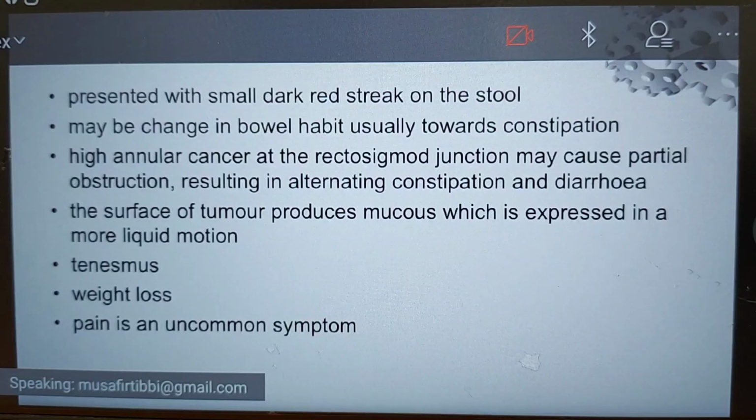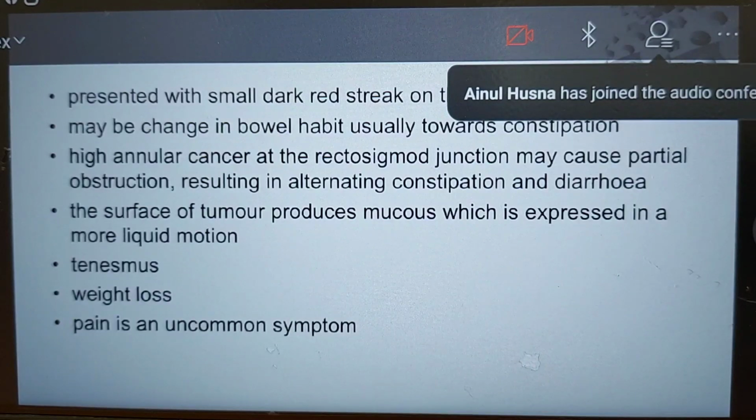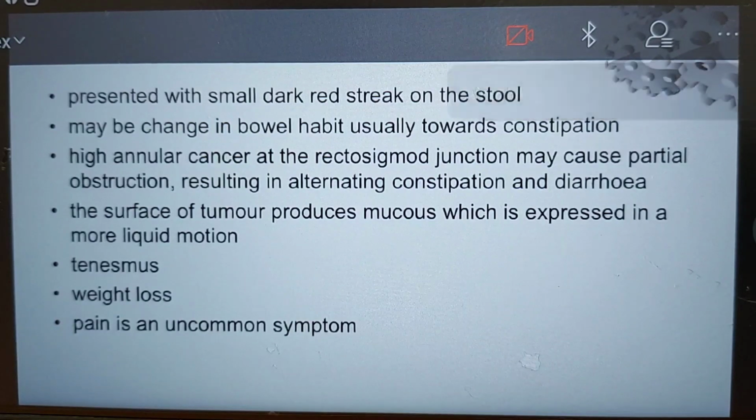Okay, because it's over the much lower part of the lower GI, patients present with a dark red streak of blood instead of blood mixed with the stool. And the patient may have a change in bowel habit toward constipation because of the obstruction.